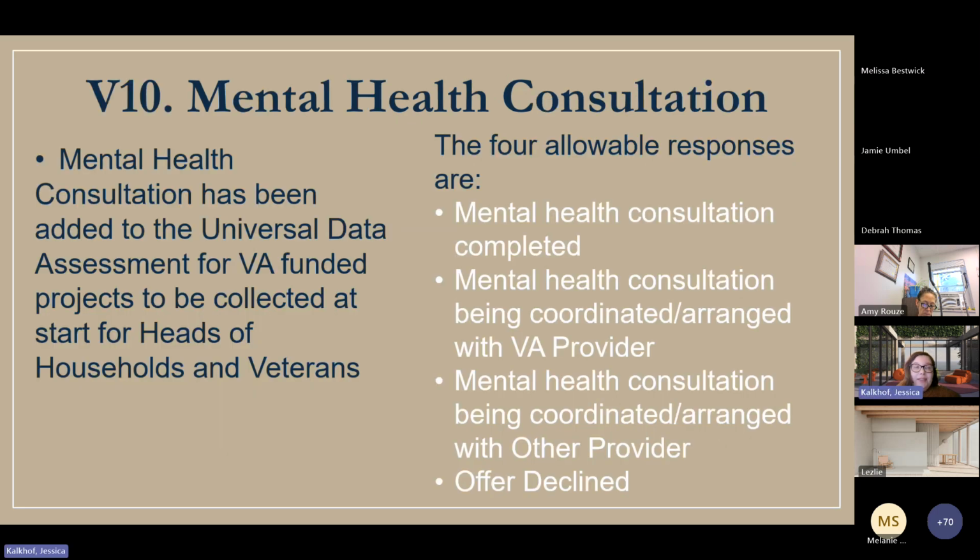Mental health consultation. This has been added to the universal data assessment for VA funded projects, to be collected at the start for heads of households and veterans. So this is a new element. It has 4 allowable responses: mental health consultation completed, mental health consultation being coordinated, arranged with a VA provider, mental health consultation being coordinated, arranged with other provider, or offered, declined.